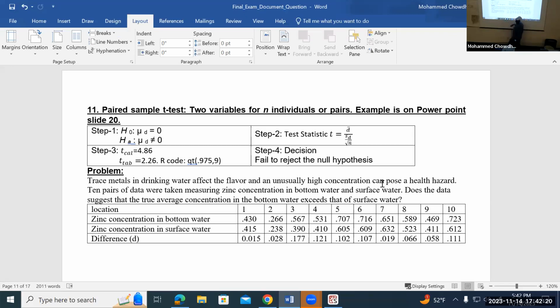In order to find the tabulated value, what level of significance are you using? Maybe 5% level of significance, as it is not mentioned. Let us see whether this is equal to 2.26. Okay, so 2.26, we want to use 2.26.